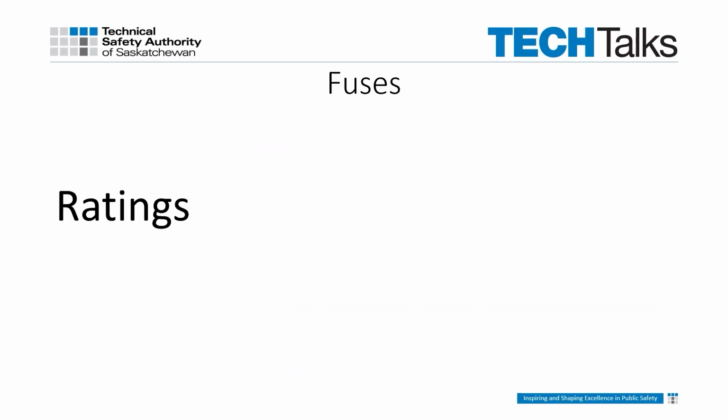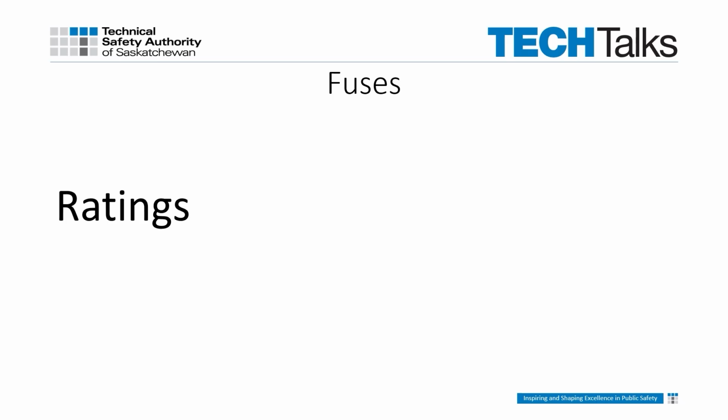Every fuse has several ratings and characteristics associated with it. Not all ratings and characteristics may be identified on the fuse itself. It is imperative that all ratings of the fuse match the needs of the system in which it is being installed.